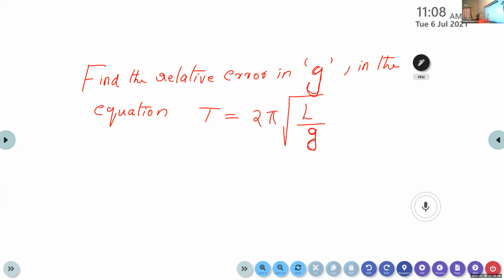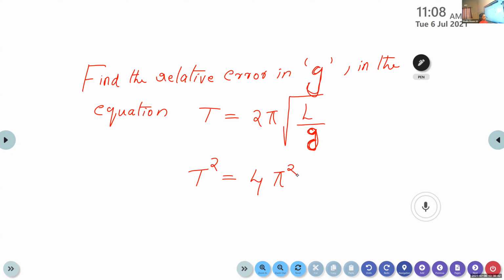First of all, you square this equation, then only we get g, because here g is present inside the square root of L by g. So we take the square of both sides. We get T square is equal to 2 pi the whole square. 2 square is 4, pi square is pi square, so 4 pi square into root of L by g the whole square.